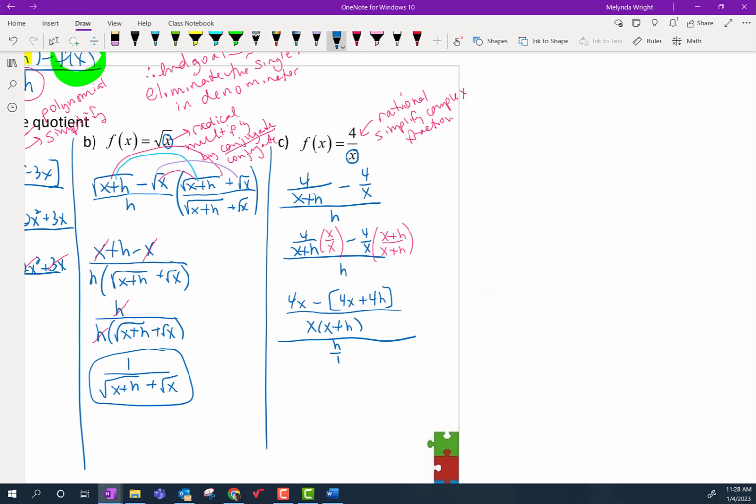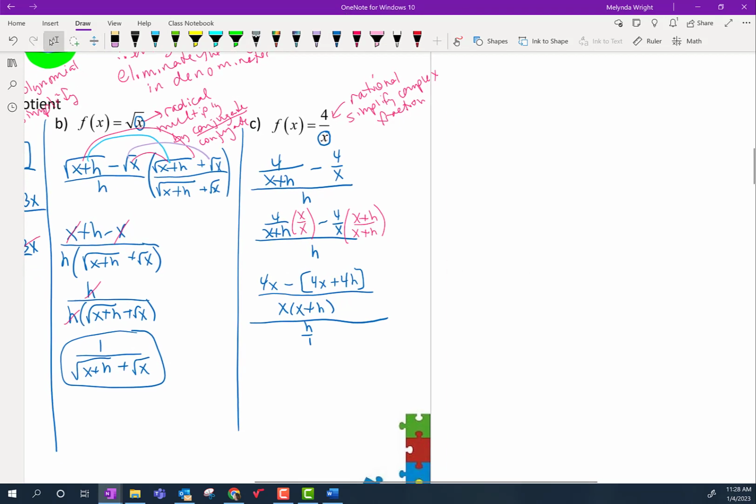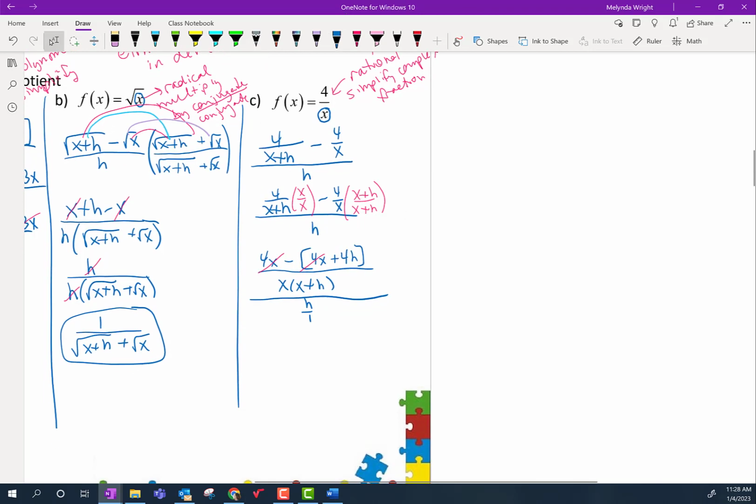Okay, let's work on simplifying. The 4x and the minus 4x are gone. And I'm left with a negative 4h over x times x plus h.